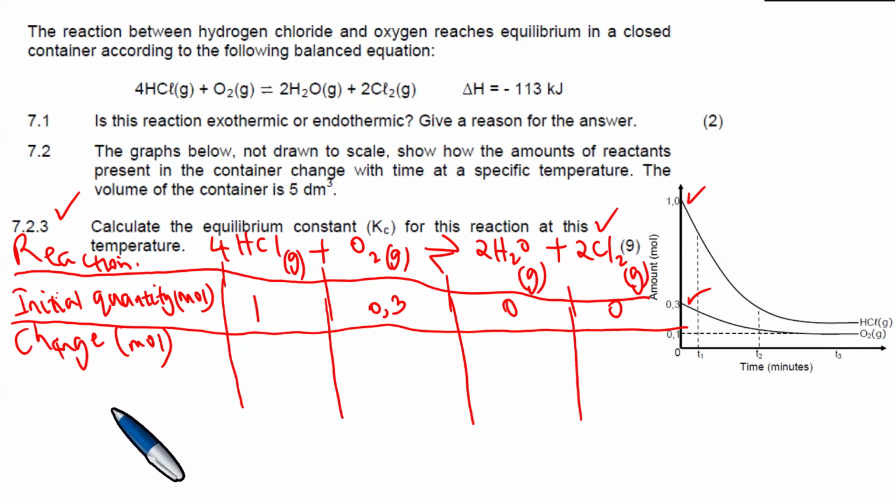What have they given us, if anything? We know an equilibrium value, 0.1, for oxygen.